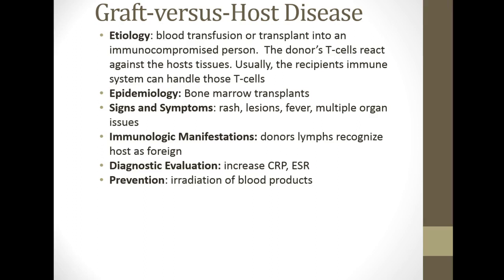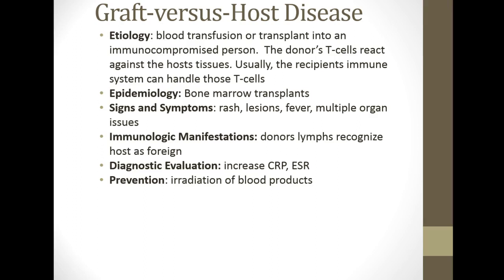So we have problems with that as well. This is more common in bone marrow transplants. We see rash, fever, lesions, multiple organ issues. The donor's lymphocytes recognize the host as foreign. So you're giving somebody a bone marrow transplant, but that bone marrow transplant is actually trying to kill the receiver. So it can be a very dicey thing to deal with.